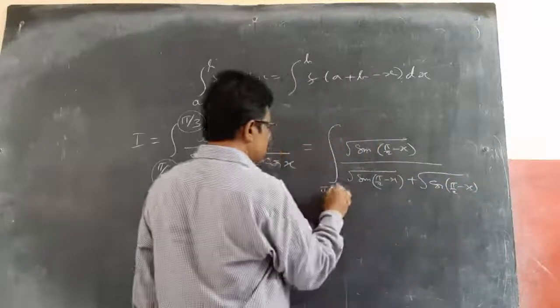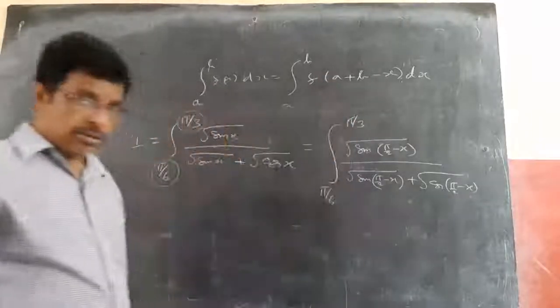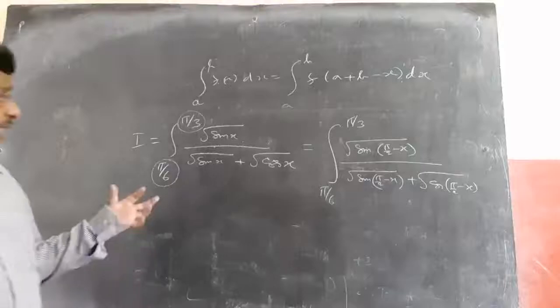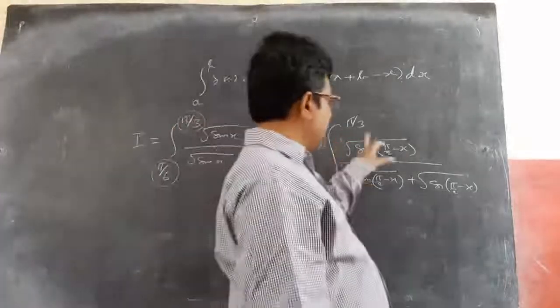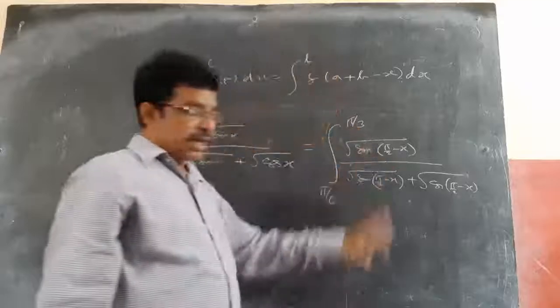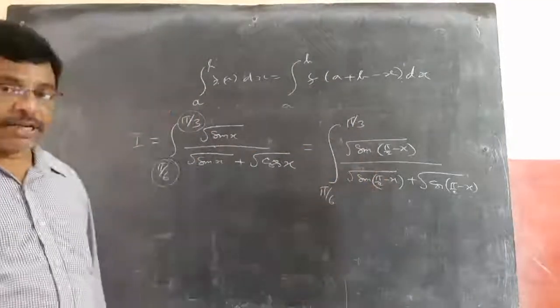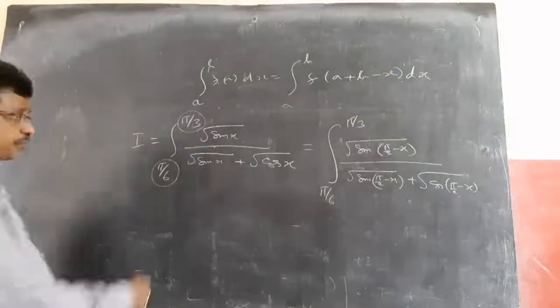Limits are as usual, pi by 6 to pi by 3, a to b only. So using the property, I am writing integral of a to b f(a plus b minus x).